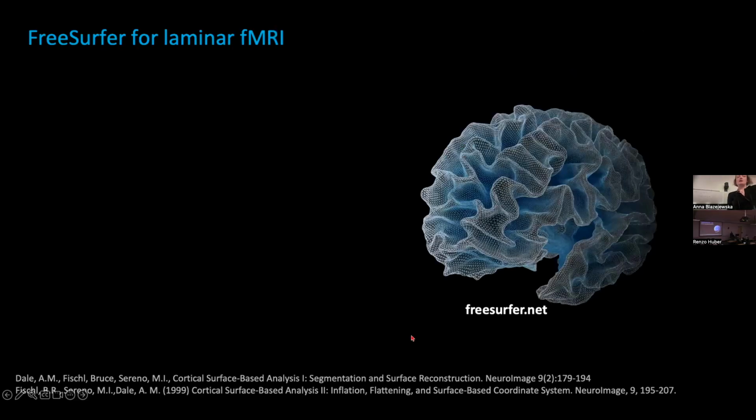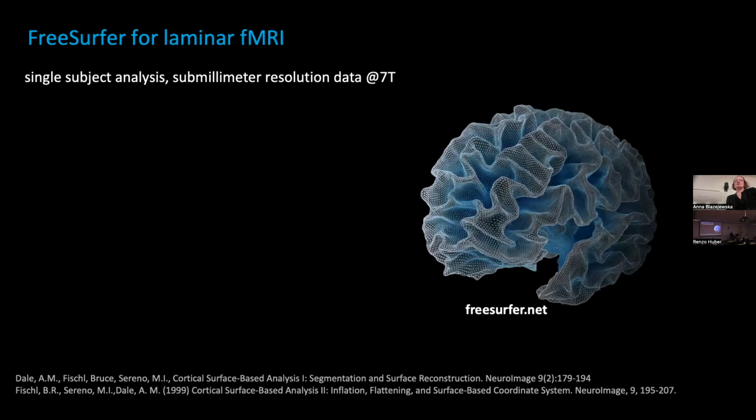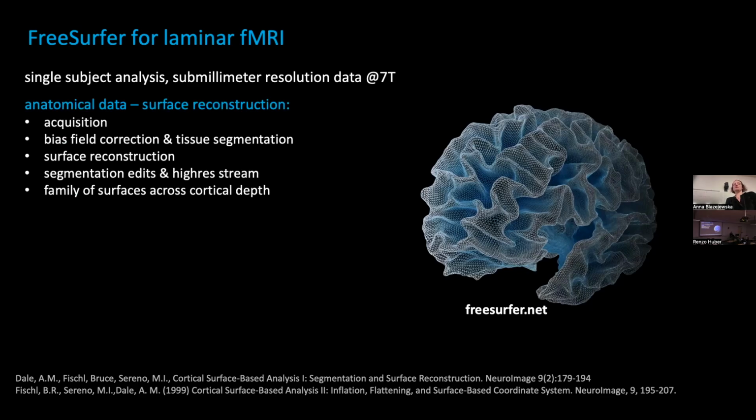Okay, so just to get out of the way some assumptions that I make here. This pipeline I will be showing is for single subject analysis, and as I said, for sub-millimeter resolution data acquired at 7 Tesla. We're going to split it into 2 parts, similar to previous presentations: anatomical data processing and functional data processing. Anatomical data will be processed for surface reconstruction.